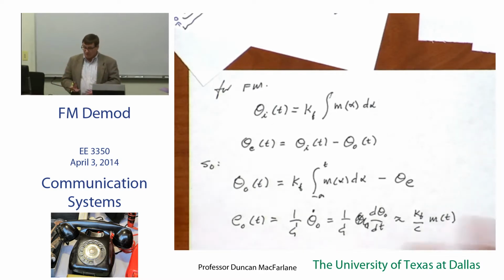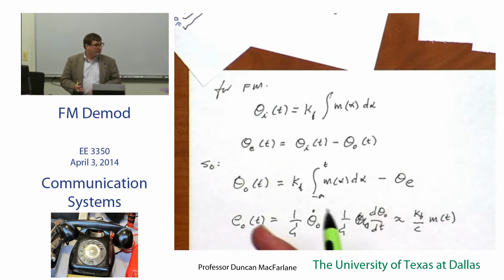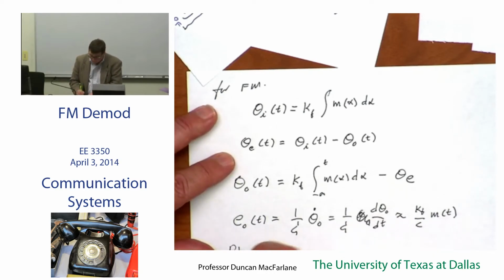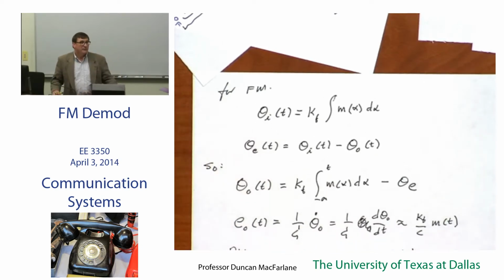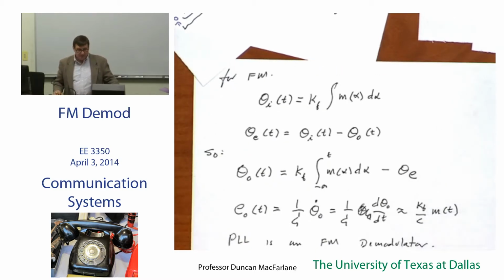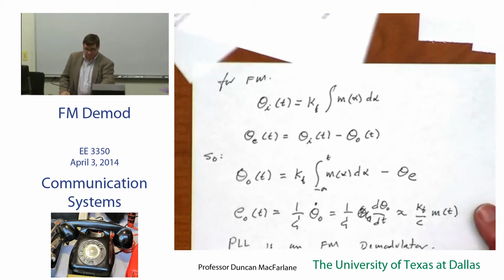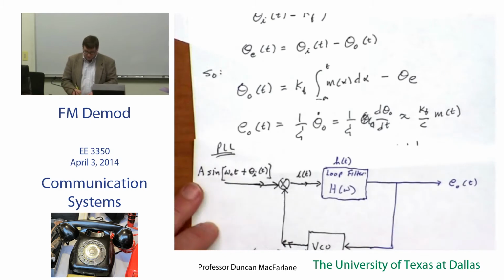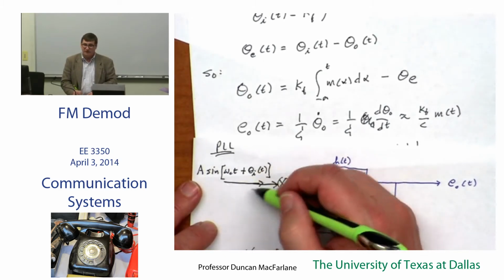So when everything is locked together, when everything balances out, then the phase lock loop is an FM demodulator. And a very, very good one at that. Because its whole job is to replicate exactly the input coming in.